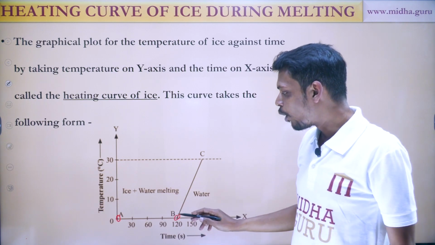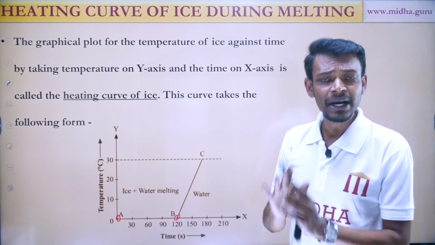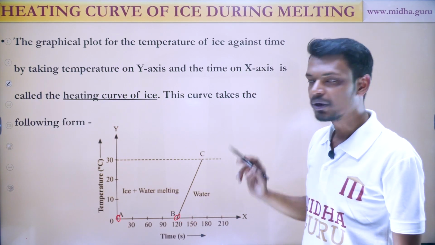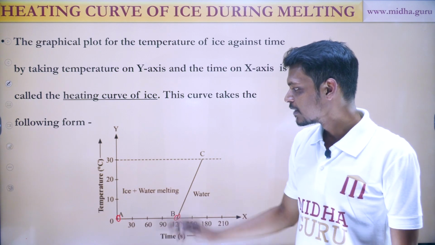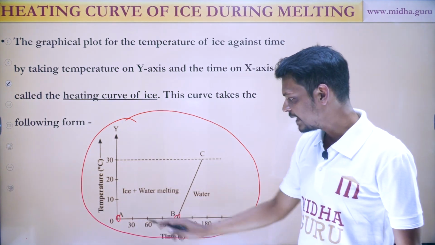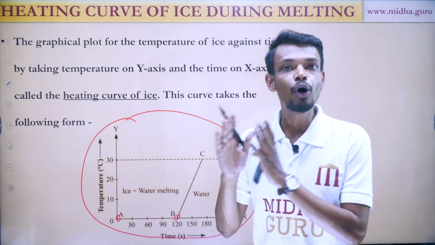Once all the ice gets transformed into water, that means once melting has completed, only then does the temperature start to rise. So this is what the heating curve of ice looks like. This phase AB states that melting is ongoing.